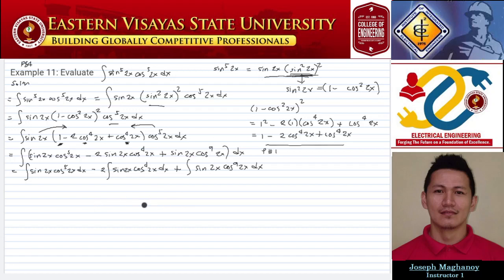use our power formula. Remember, condition number 1 stated that if at least one of the exponents is equal to 1, we can apply the power formula. If the condition is met, we can proceed with the power formula. If not, what if the power of the other function is not yet equal to 1?